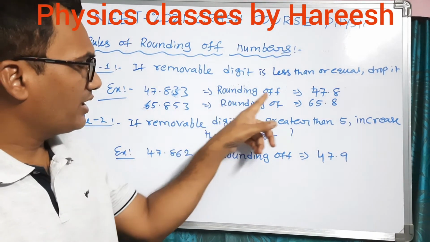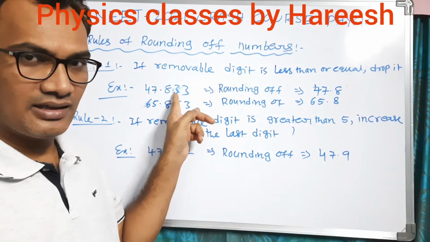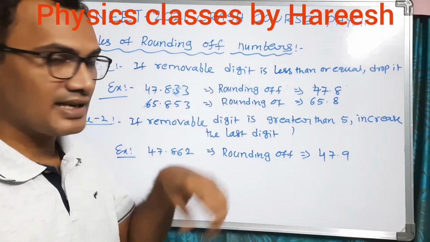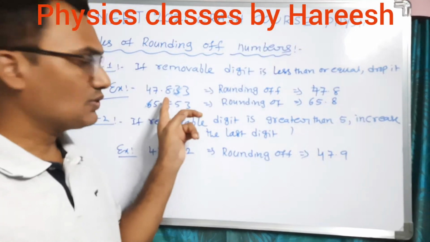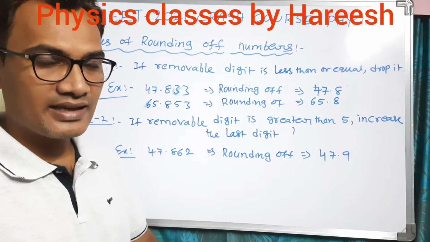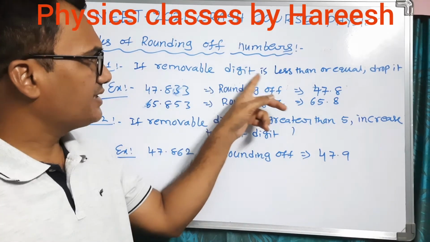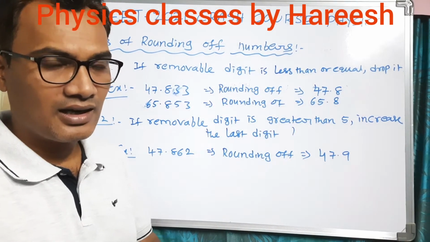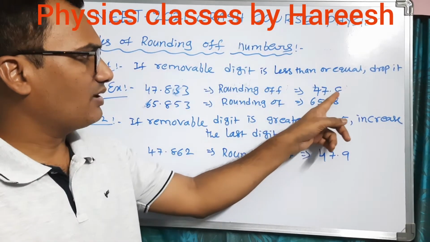Here the second digit after the decimal is 3, which is less than 5. According to rule 1, if the digit is less than or equal to 5, we have to drop it. So the rounded number is 47.8.